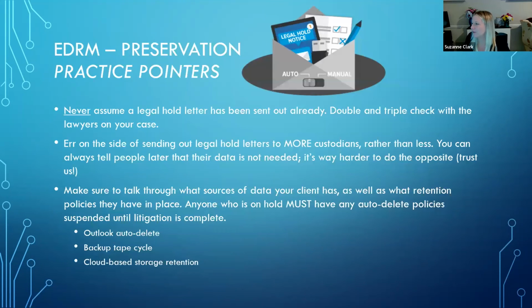So, preservation practice pointers: auto delete, backup tapes. If you have a consumer client, they could have it where they want to keep their iCloud data down because it starts to get fees. So they may have auto delete on things after a year, like text messages. You need to ask them about that and make sure that they stop that.